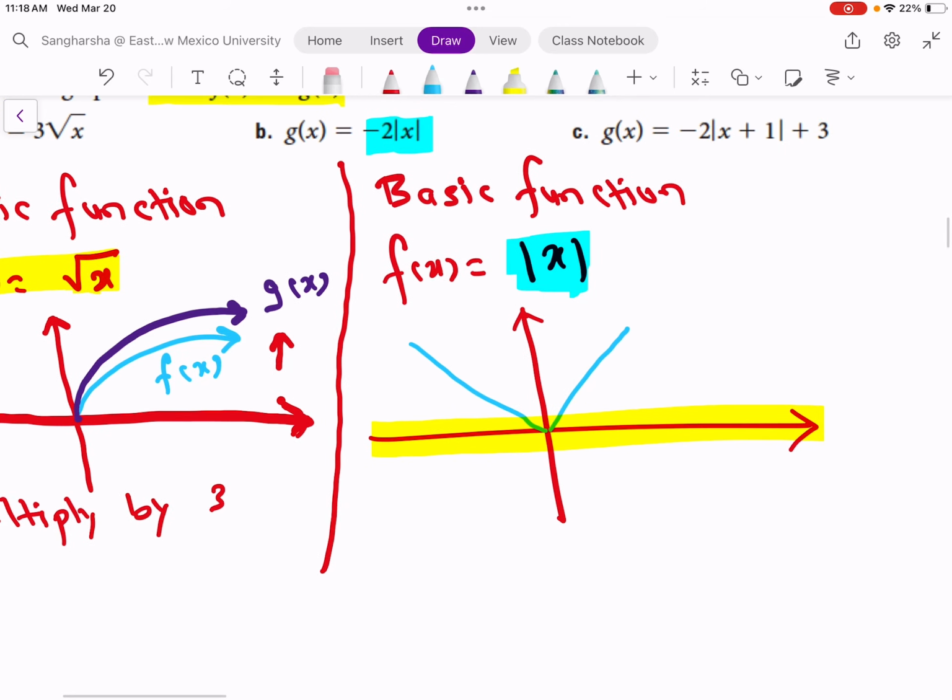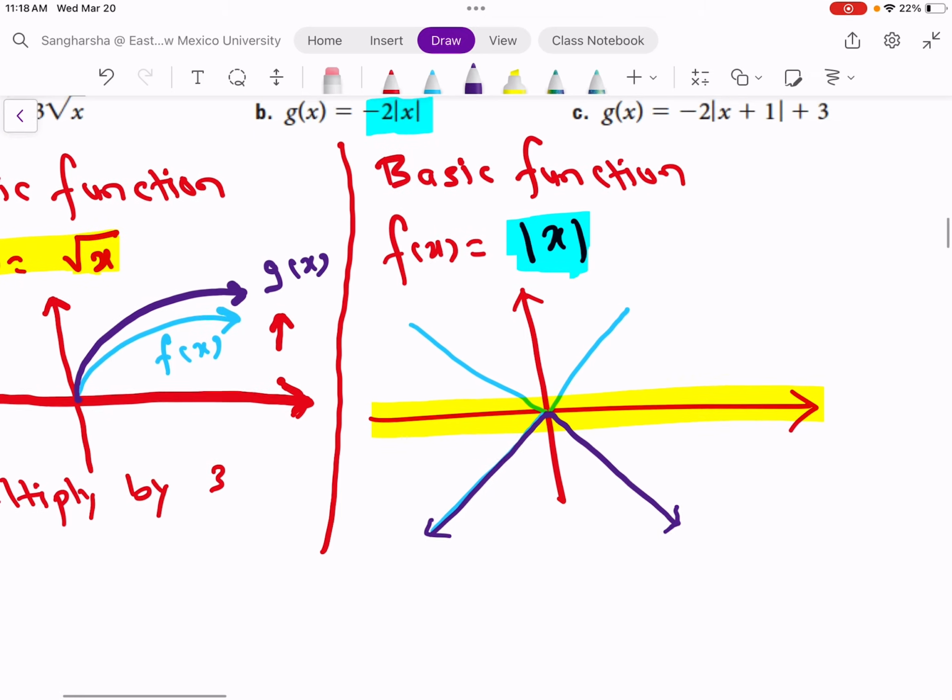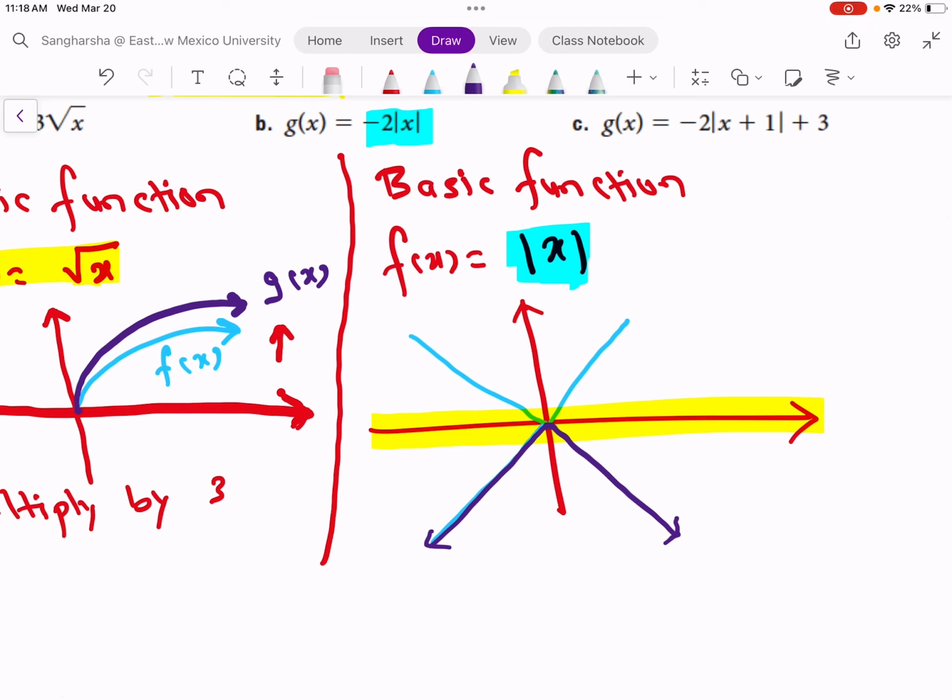The graph looks exactly the same, but it is reflected across the x-axis. Now this is the graph for negative absolute value of x.